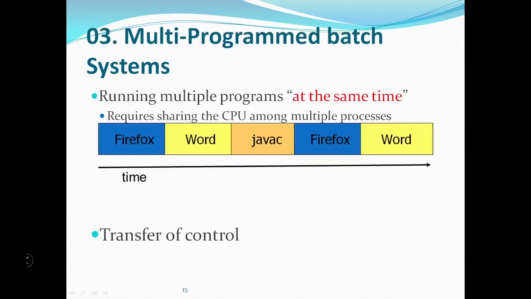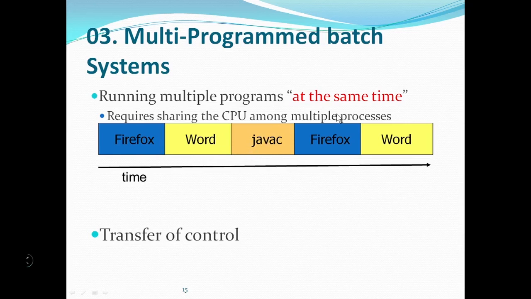Okay. Then we are going to talk about the multi-program batch system. So what is a multi-program system? Multi-program means running multiple programs at the same time. In the example given here, we have Firefox, Word and a Java program running simultaneously.